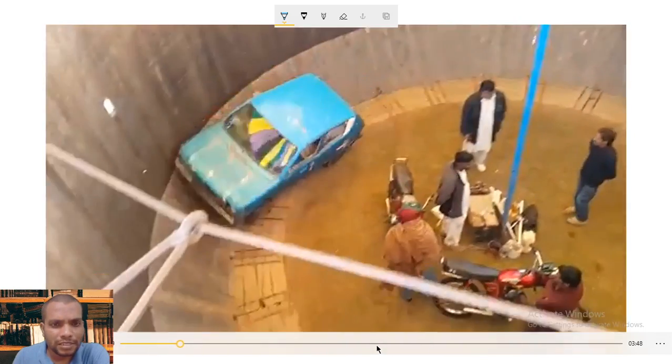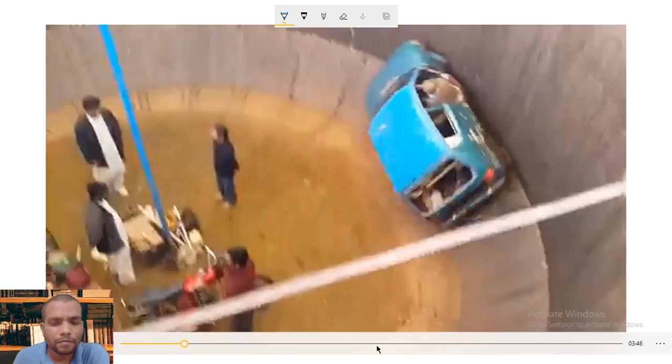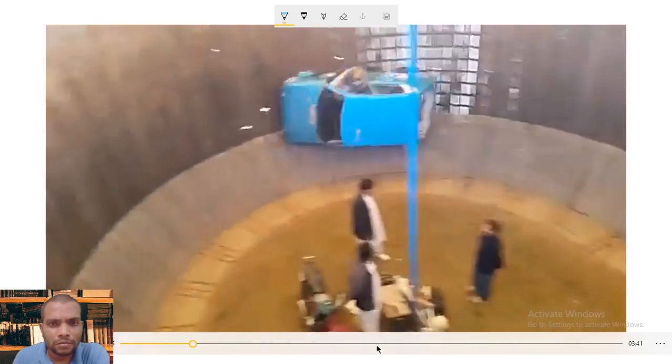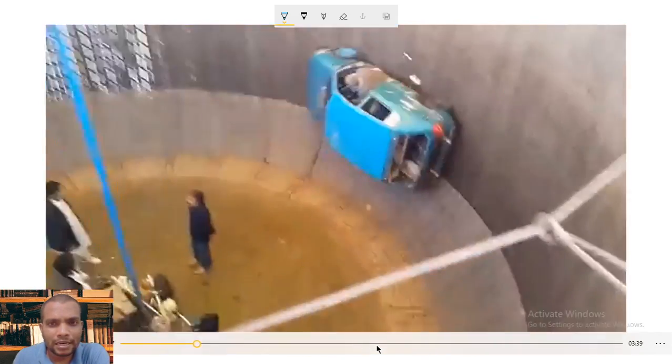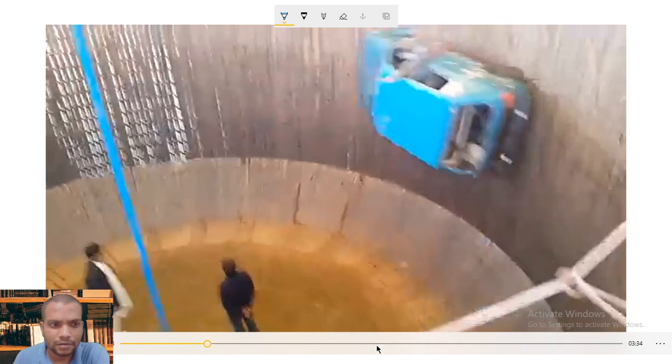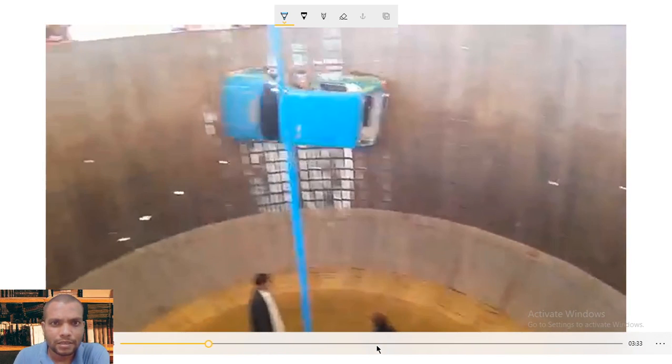Observe this carefully. He is trying to rotate the car in uniform circular motion. So the car is moving in a circle of a certain radius.